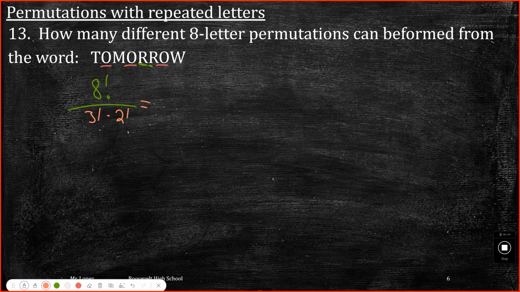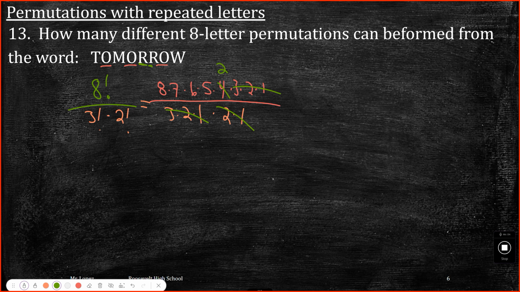So I could do this without a calculator. Let me try to do this without a calculator. So this 8 factorial is what? 8 times 7 times 6 times 5 times 4 times 3 times 2 times 1, divided by 3 factorial, which is 3 times 2 times 1, and then 2 times 1. What I'm going to do is cancel 3 times 2 times 1 with 3 times 2 times 1, and divide 2 times 1, which is 2, into 4. That makes it 2. Now I just multiply this whole thing out. Go ahead and multiply 8 times 7 times 6 times 5 times 2.